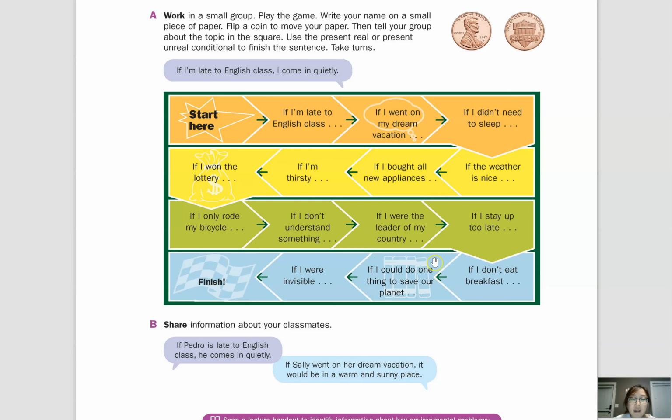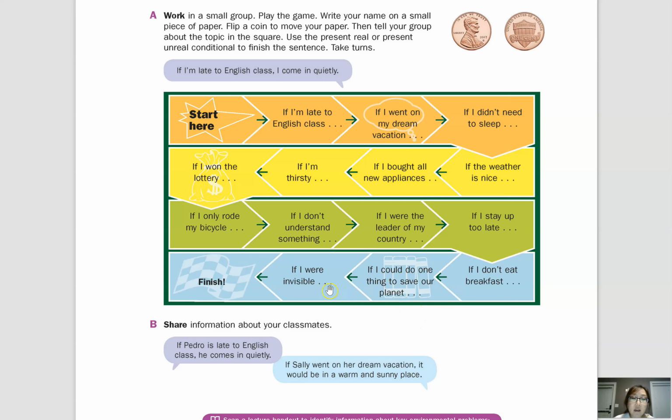But this kind of conditional, especially when we are talking about saving the planet, it's a very big effort, and it's possible, but very challenging. So in this case, we need to use the present unreal conditional. What would you do if you could do one thing to save our planet?